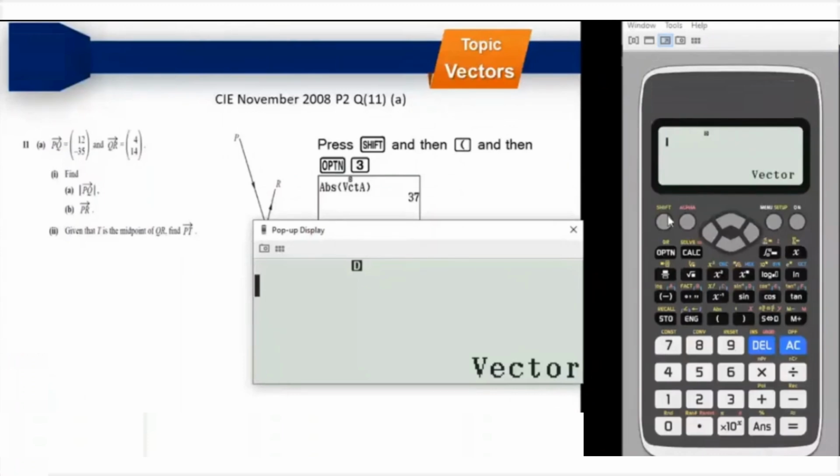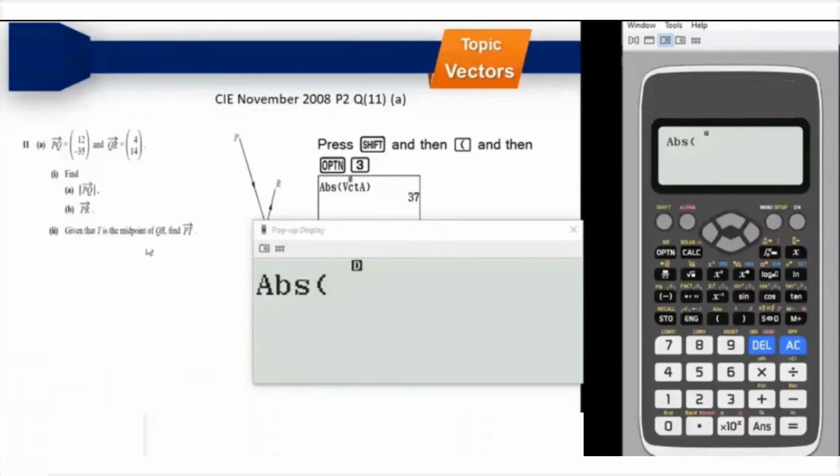When we press shift and bracket, I hope everyone by now remembers that whatever is written in the calculator with yellow is denoted by the shift button, and whatever is written with red is denoted by the alpha button. So since I need to find the magnitude, which is also known as the absolute value of the vector, the absolute value of the vector is shift and bracket.